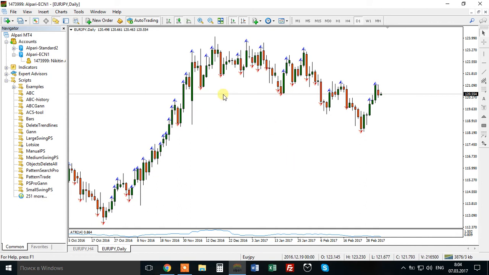It says that a valid swing should contain at least two candles being opposite to the direction of the previous swing. For example, we had a swing to the upside, so a valid swing to the downside should at least have two red candles, or it should be three candles if we don't have two red candles in a row.